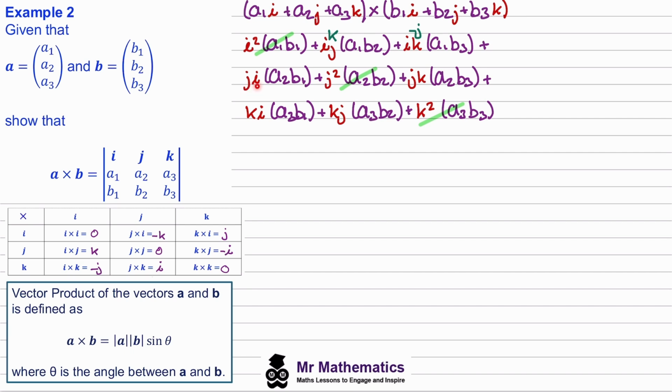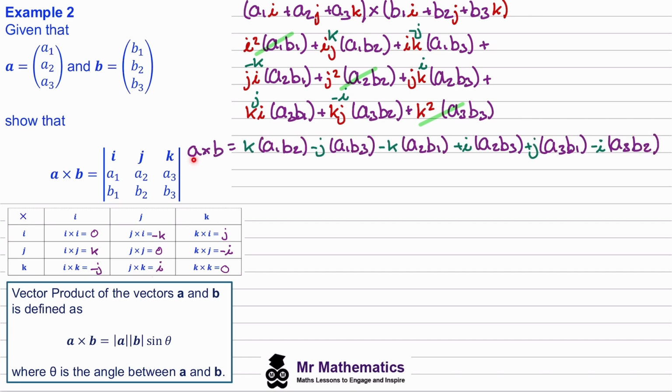We know j crossed with i is negative k, and j crossed with k is positive i. K crossed with i is j, and k crossed with j is negative i. So now I'll tidy all of this up.